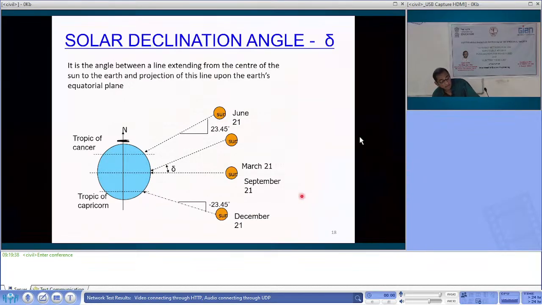And some definitions like solar declination angle. Here are 4 important days, and I shared with Dr. Makarand Lokhande that we should take readings on the patented solar cooker on our terrace on these days: 21st March, 21st June, which we call the longest day in a year, then 21st September and 21st December.